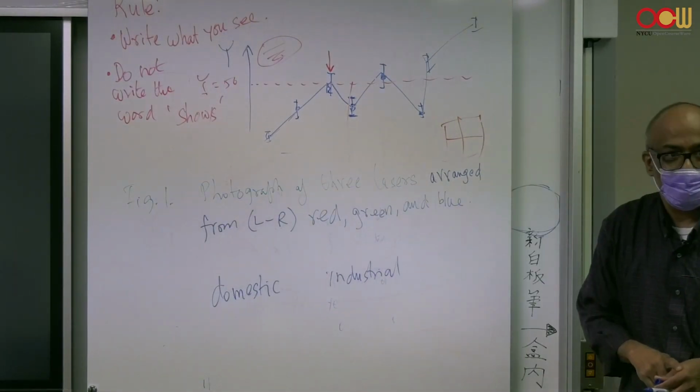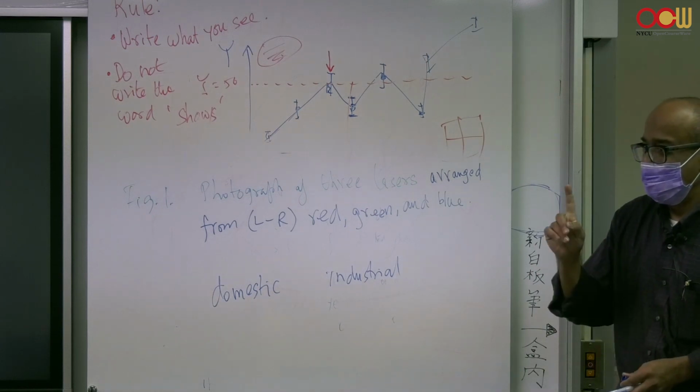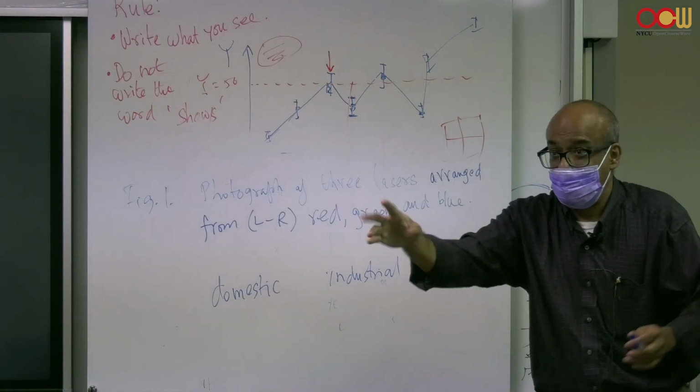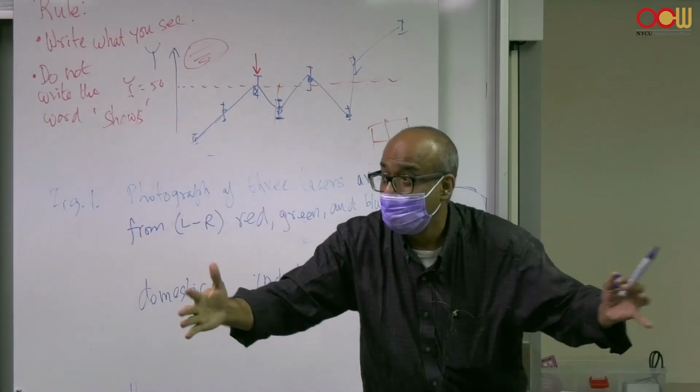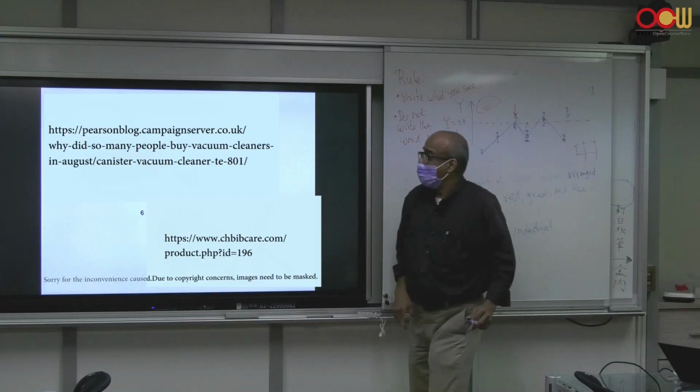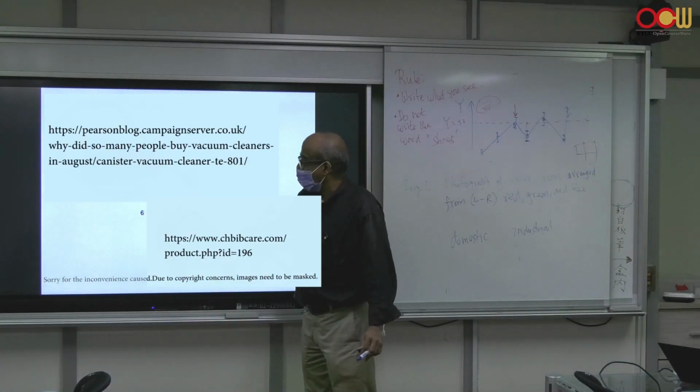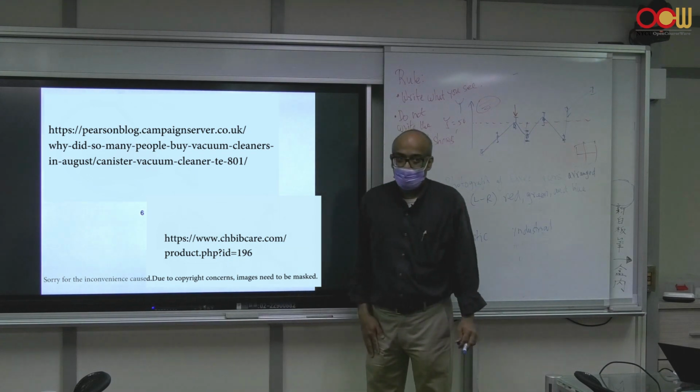Now you see how you write it. You don't use the word vacuum cleaner 2 times. I have to be concise. So you'll think, what is this figure? This is a photograph of a domestic vacuum cleaner.